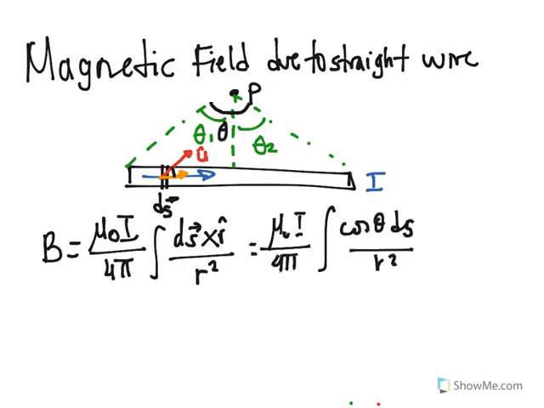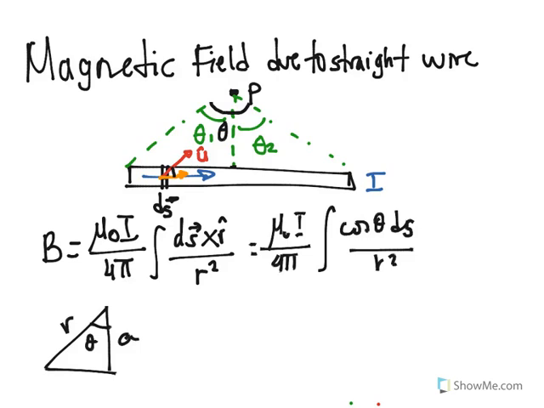We have a triangle, and this triangle states that this angle is theta, while this is the radial distance r, and this is one side, which is the distance from the wire towards point P. Let's call the distance a.